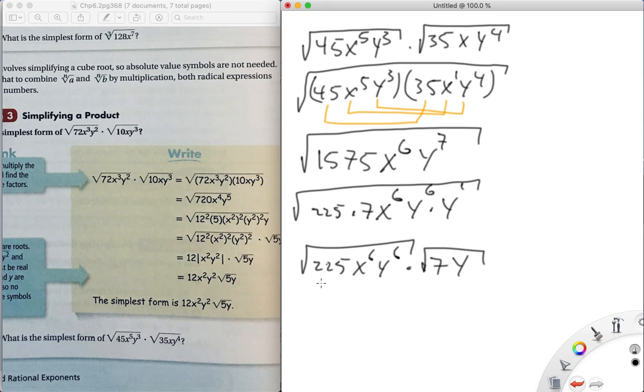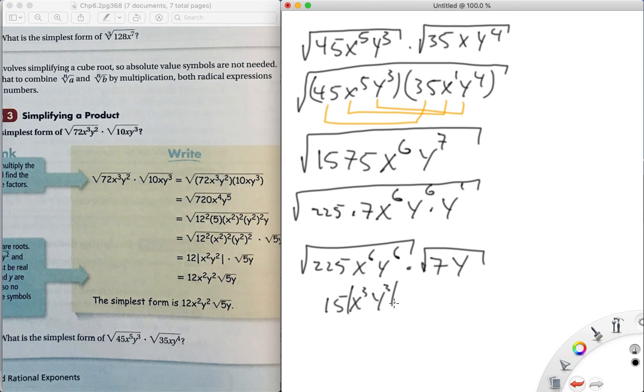The square root of 225 is 15. For x, 6 divided by 2 is 3. For y, 6 divided by 2 is 3, so it's y to the 3.